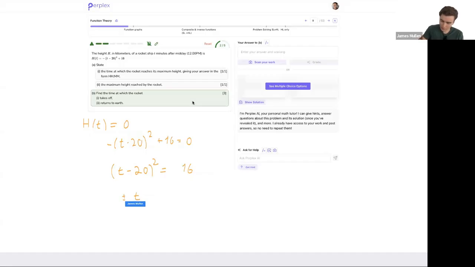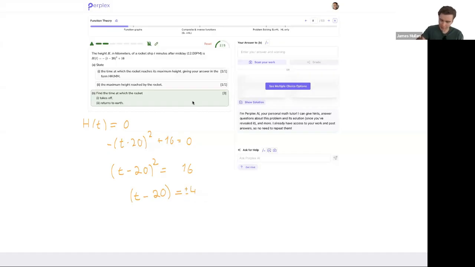Or in other words, (t minus 20) squared is equal to 16, which makes t minus 20 equal to plus or minus 4.